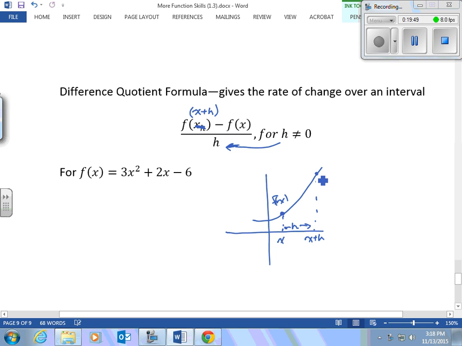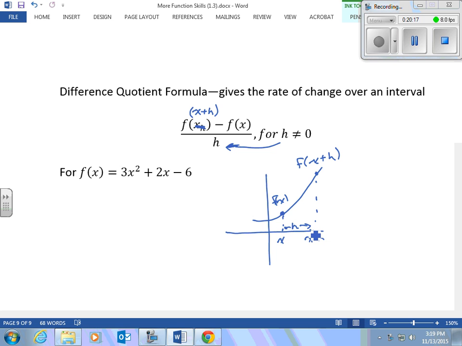So here's the value of the function at x plus h. So what I'm doing is I'm subtracting the f at x value from the f at x plus h value, which in this case is positive because the x plus h is higher, and then I divide it by the distance of the interval, which is going to be very familiar to some of you.